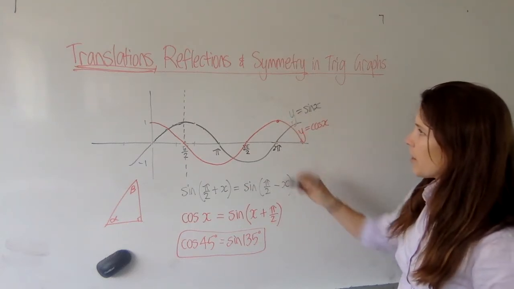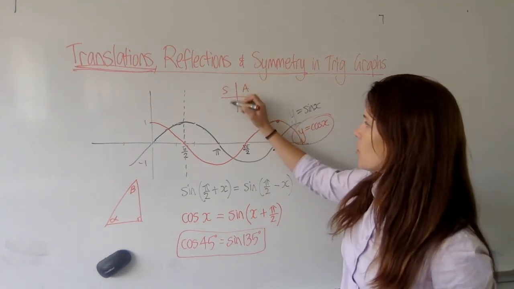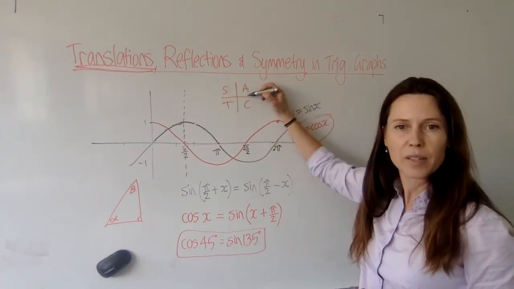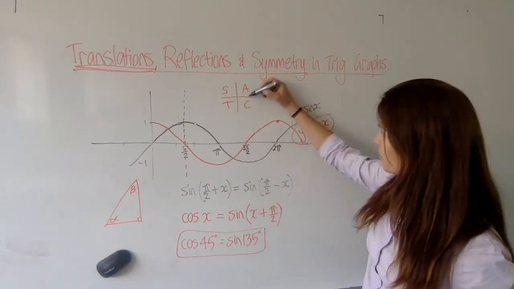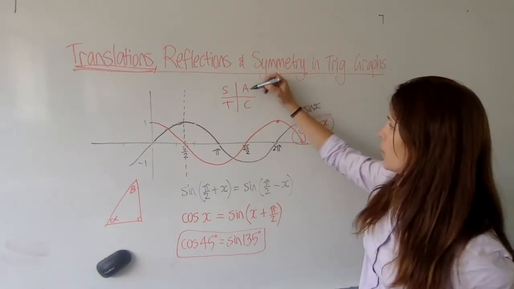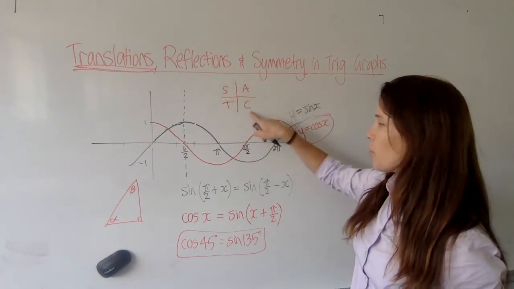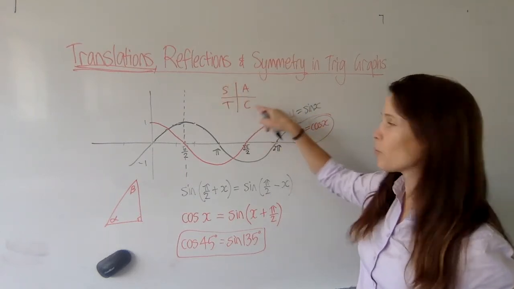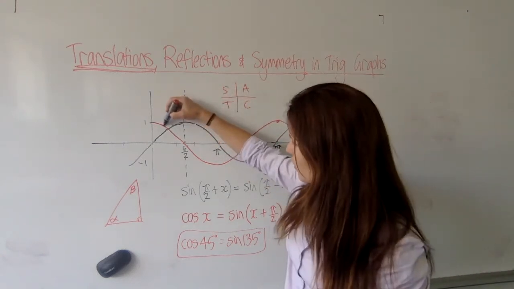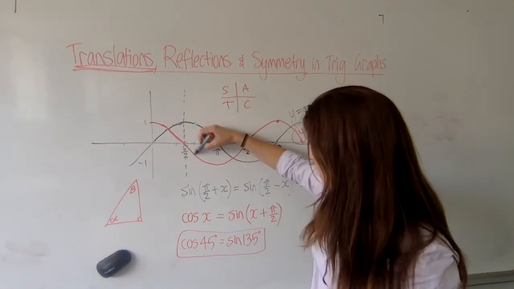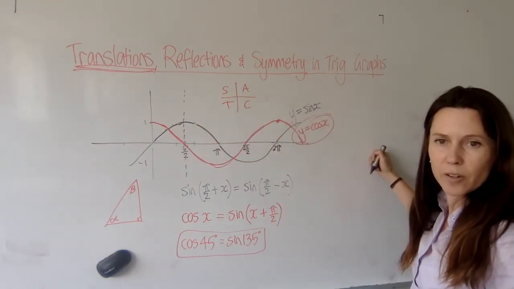You'll also notice that if we're wanting to relate this red graph to All Stations to Central, we've seen that this is really just a shortcut to show us the sine or the cosine ratio. We have, for cosine, positive, negative, negative, positive, and so on. And we can see that the same way here, positive in the first quadrant, then negative for 2 quadrants, then positive for 2 quadrants, and on and on.